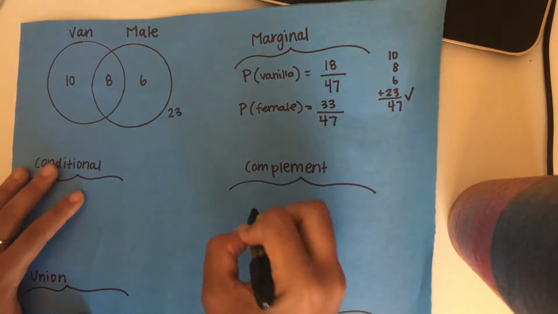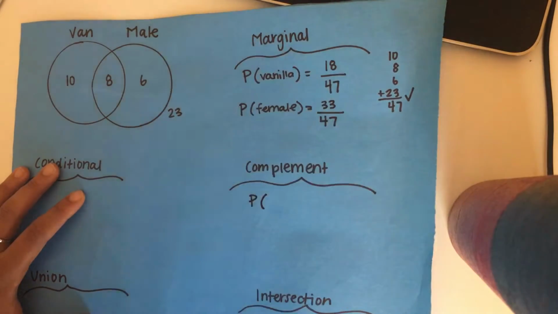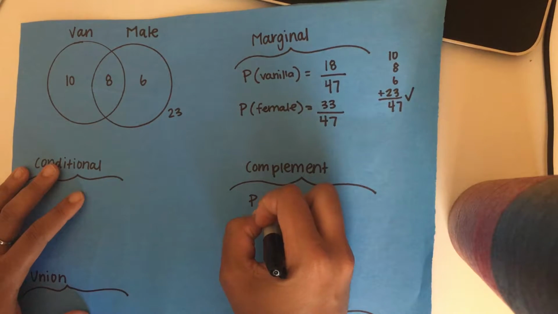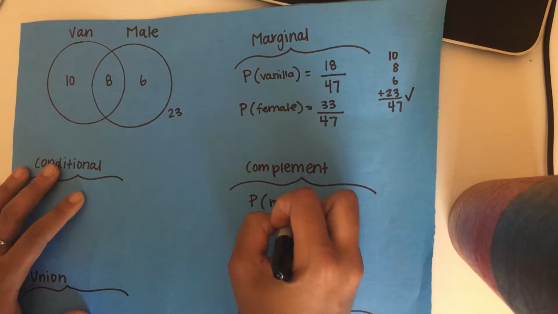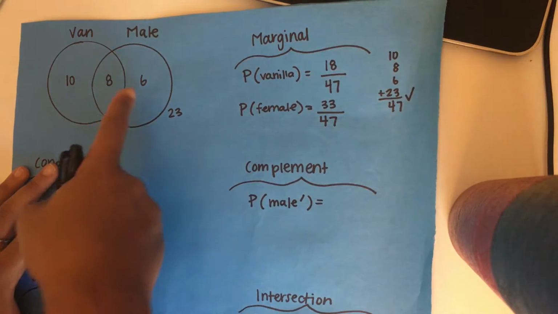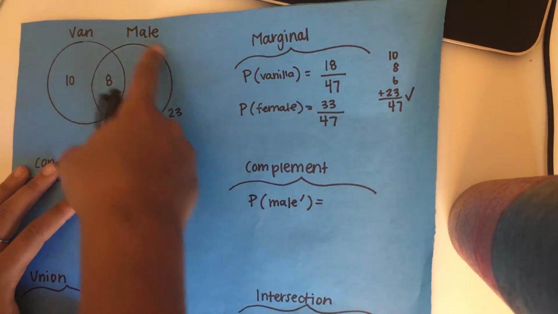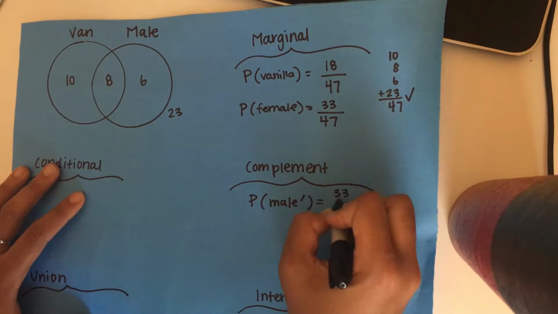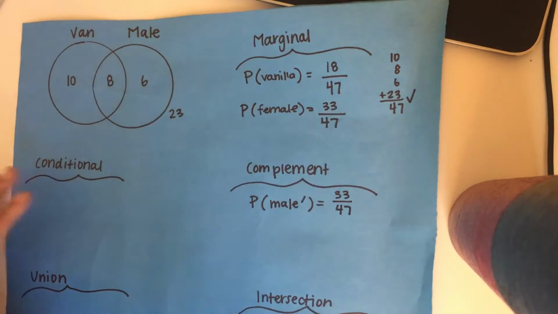Now let's look at a complement. The probability that someone is, let's say, not male. Again, we don't look in this circle, so we know 10 and 23 is 33 out of 47 people total.